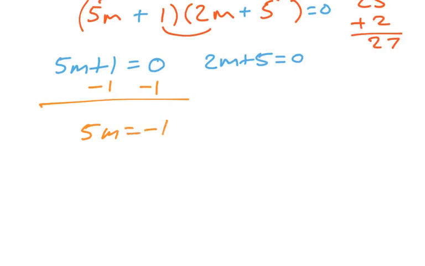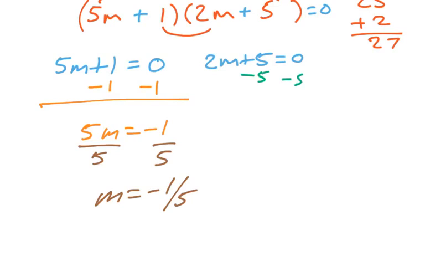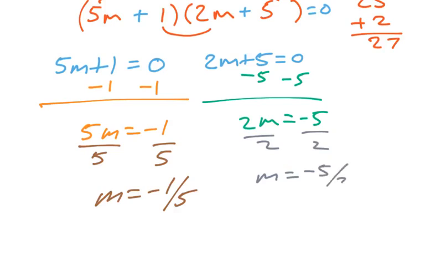It's negative 1. 5m divided by 5, and m is negative 1/5. Do the same thing on the other side. Subtract 5, subtract 5. 2m equals negative 5. Divide by 2, and it's negative 5 over 2. And we get our answers.